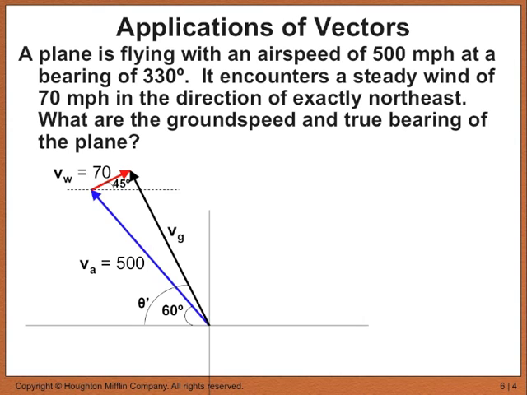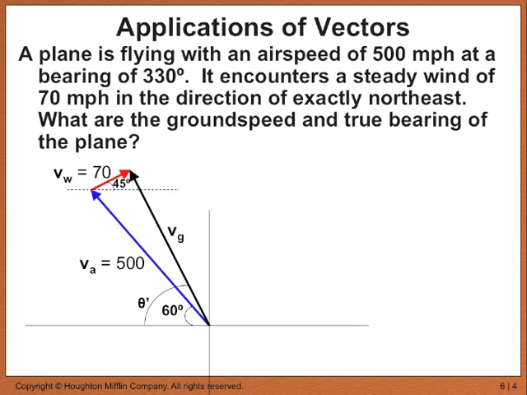Now, this v sub g vector, let's talk about this a little bit. Of course, the g stands for ground speed. We can see what effect the wind has on it. It's blowing the plane a little bit to the northeast, affecting its direction. And you can see also that it's not going to have such an adverse effect on the magnitude of the velocity.